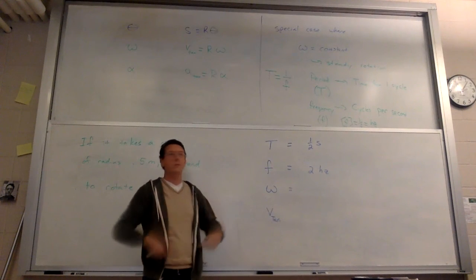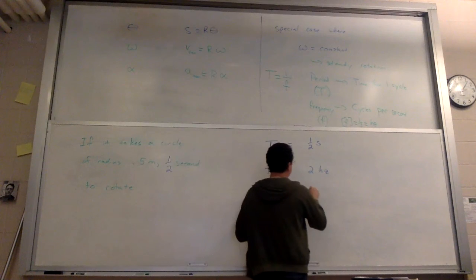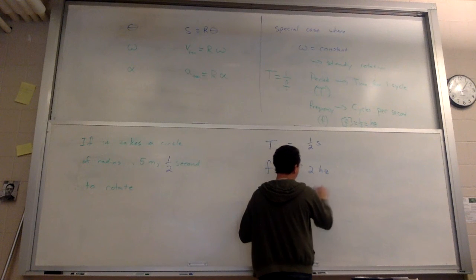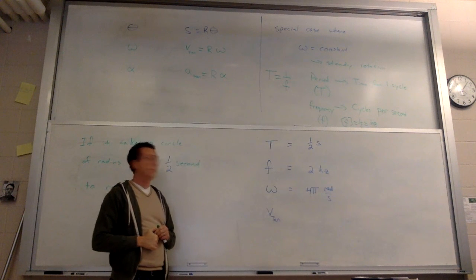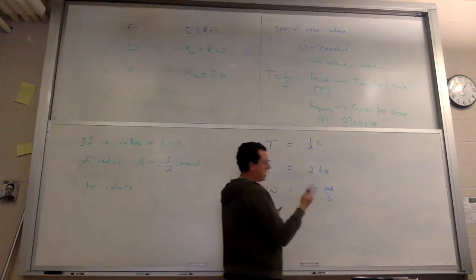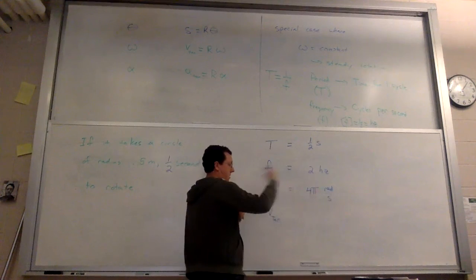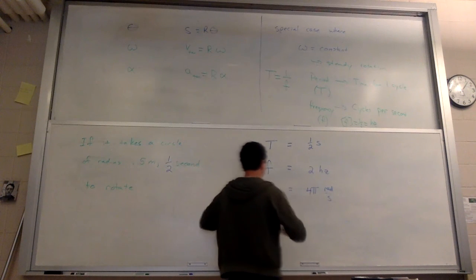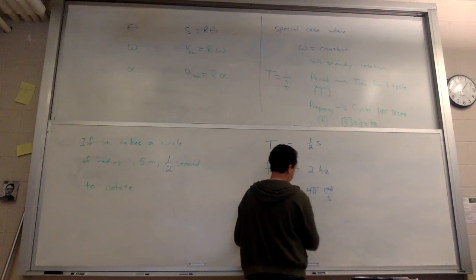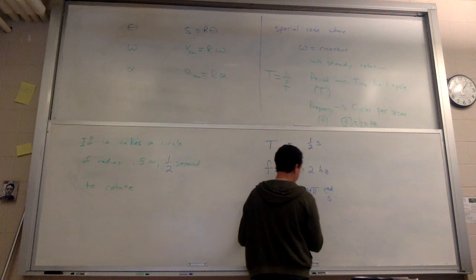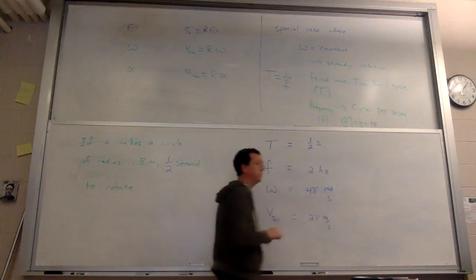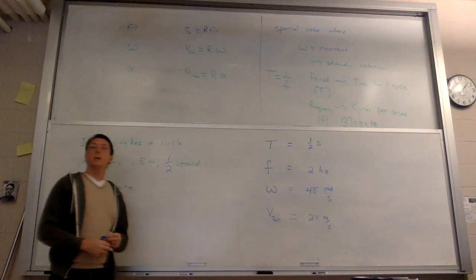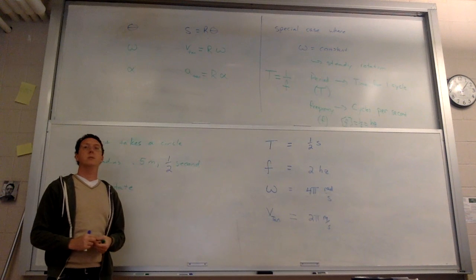So you get 4 pi radians per second. Basically, for every second, you're getting twice as much rotation. And what do you get for V tangent? It's just going to be 2 pi meters per second. All right, give me a thumbs up if you got those numbers.